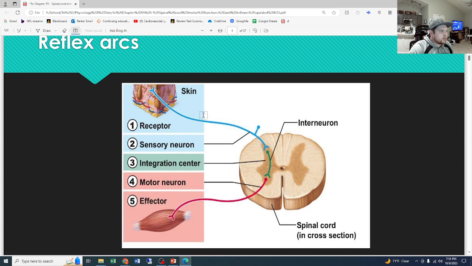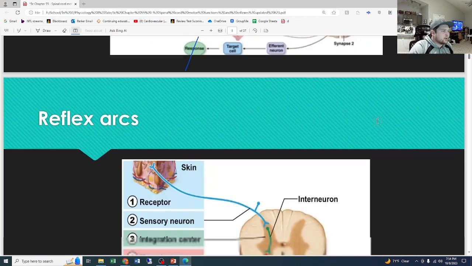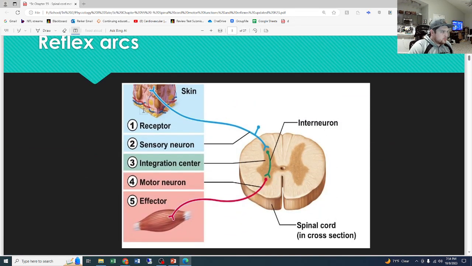So here is our reflex arc, reflex loop, or arc, however you want to call it. It's the same thing. You have the receptor, the sensory neuron, and an integration center, which here is this interneuron. And then you get a motor neuron, and you get onto the effector.